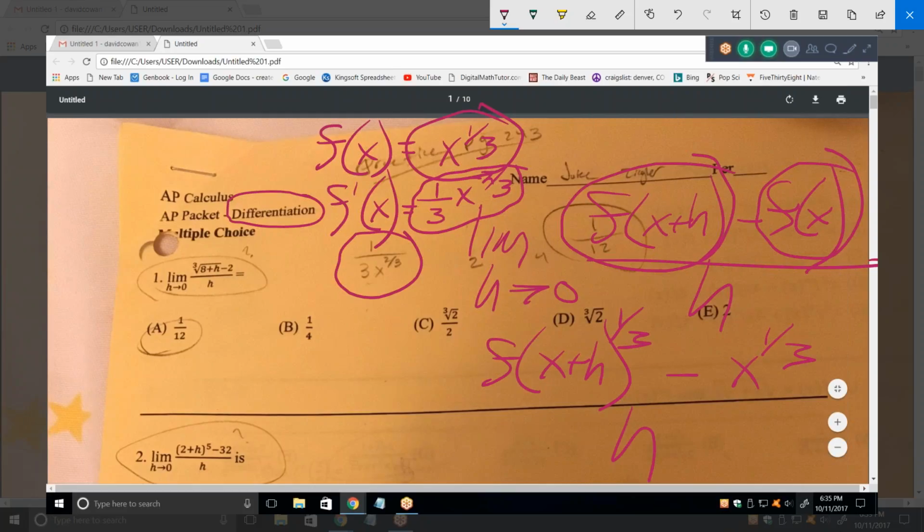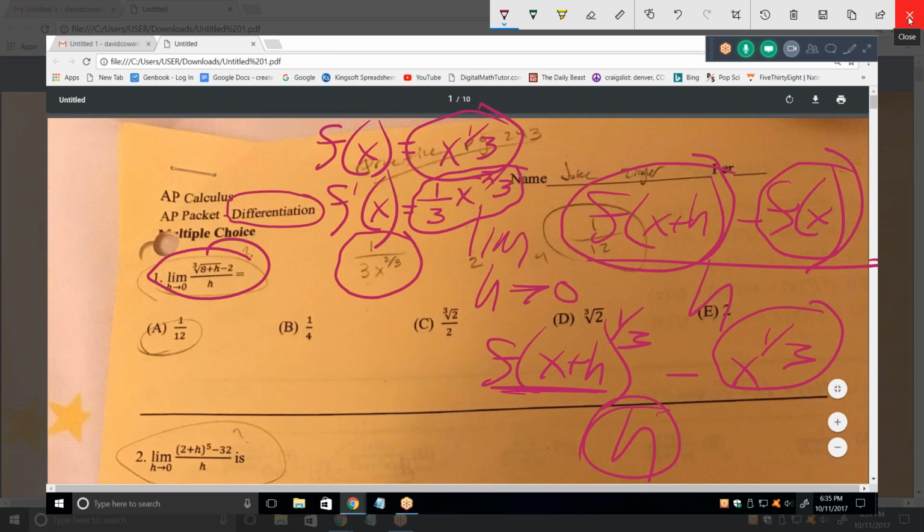If we substitute 8 for x, we get this thing over here that we're looking at. That's what this would be, the cube root of 8 plus h. This would be 2, and there's the h. So we can figure out what f of x must have been: it had to be x to the 1/3.